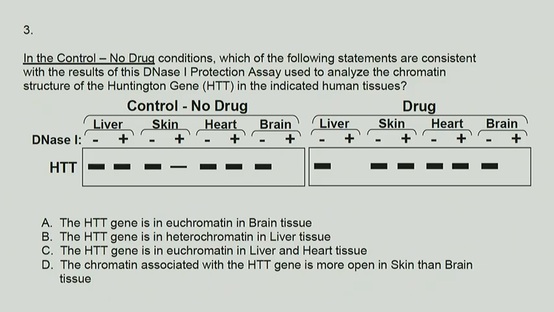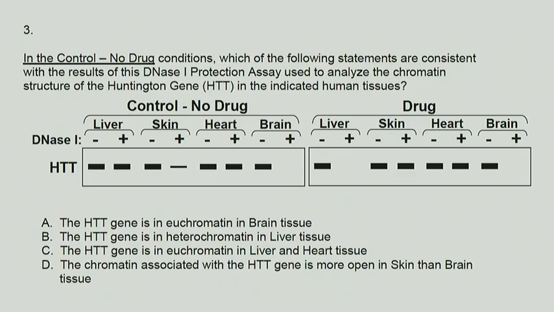Right, and which banding type tells us if it was open or closed, and why? Yeah, so a thin or blank band indicates that it was in open chromatin, it was not protected from DNase, and you no longer detect it on your final blot.